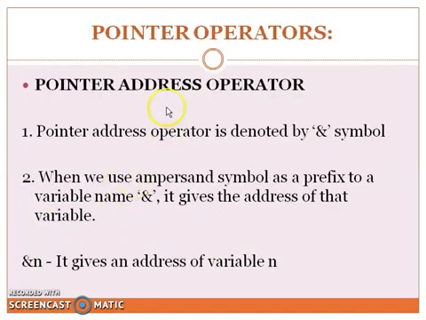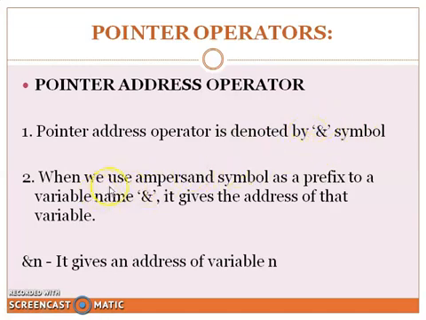Okay. So next is pointer operators. So what are the operators that are involved in pointer variables? The first operator we use with pointer variables is denoted as the address of symbol.